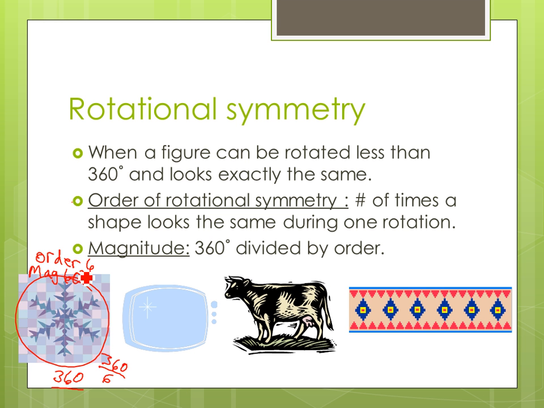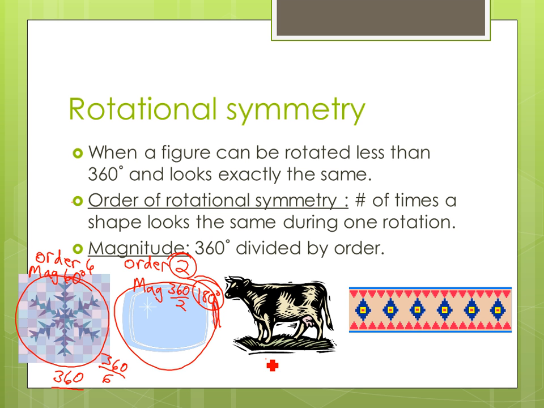For the next shape, the order of rotational symmetry, the number of times it's going to look exactly the same as we rotate it around in a circle, is going to be 2. The magnitude, 360 divided by 2, is 180 degrees, so its magnitude is 180 and its order is 2.